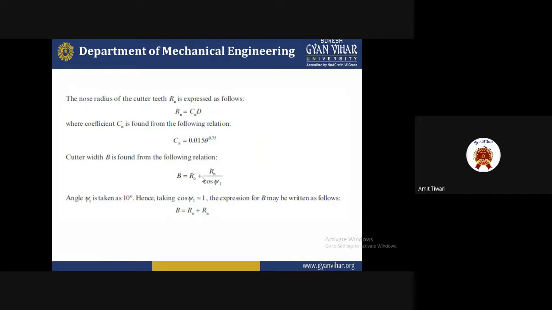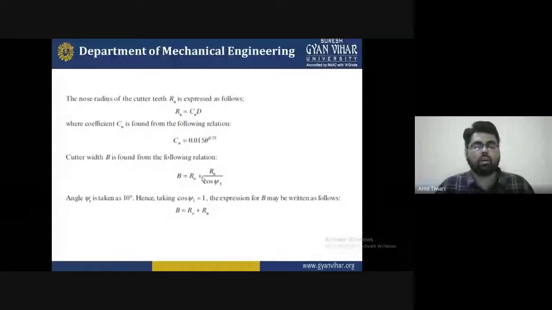We can choose the nose radius of the cutter, that is Rn, and the coefficient is found from the relation for Cn.